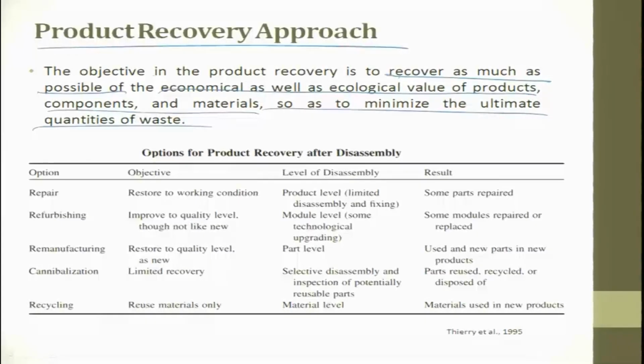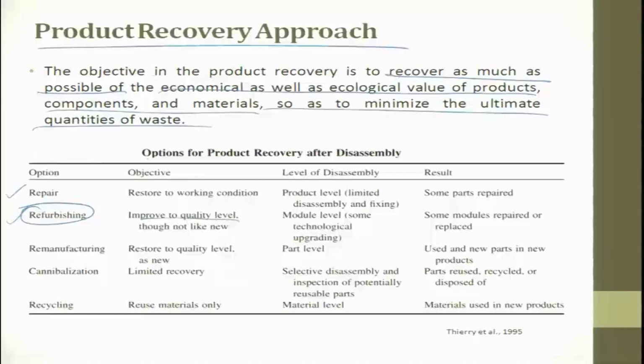When you look at options for product recovery after disassembly, it can be a repair option or a refurbishing option. This is a very common phenomenon in electronic products today. Refurbishment is when there is a defect in the product, the company pulls back the product, works on it, and then the company itself gives it to the market.